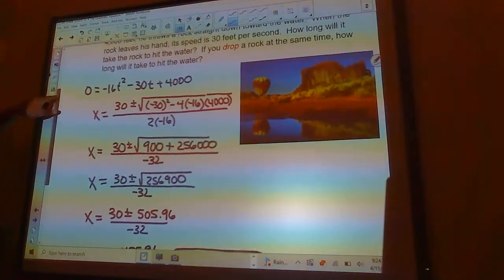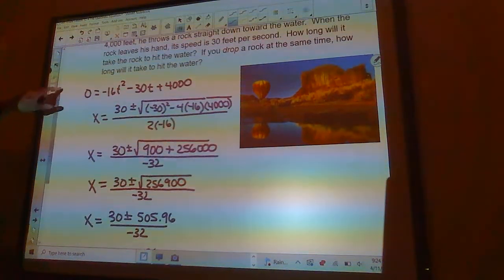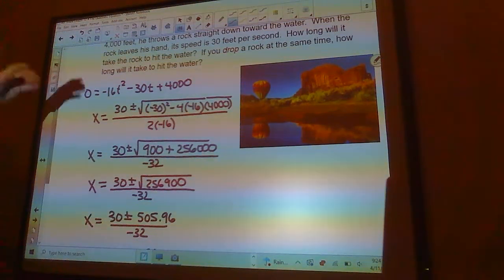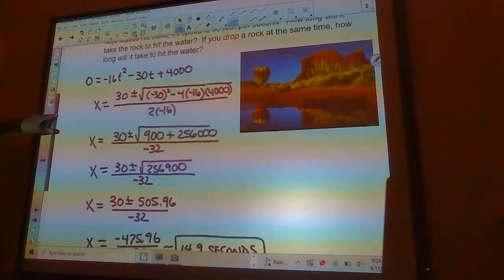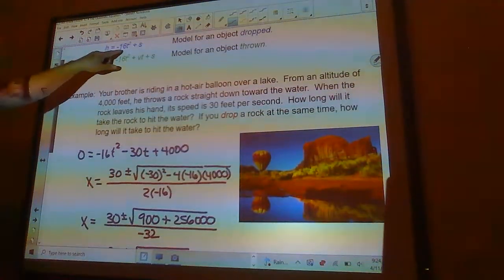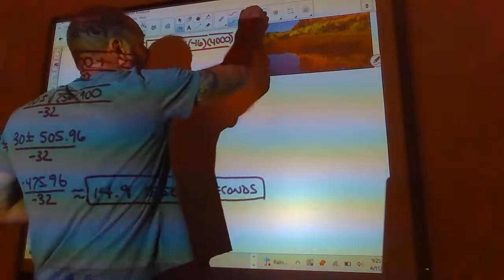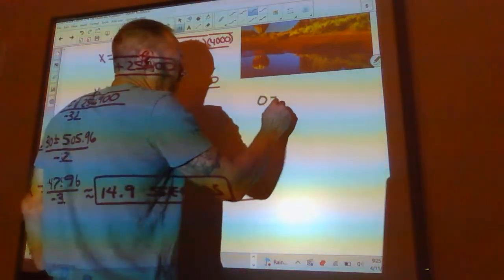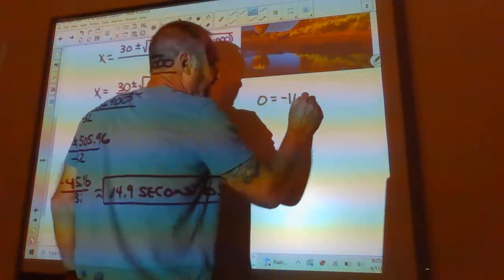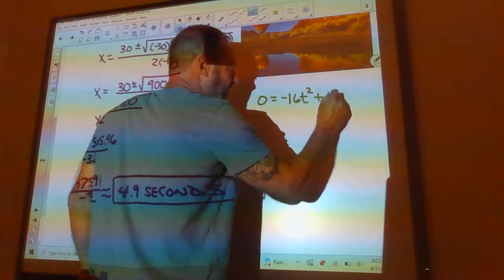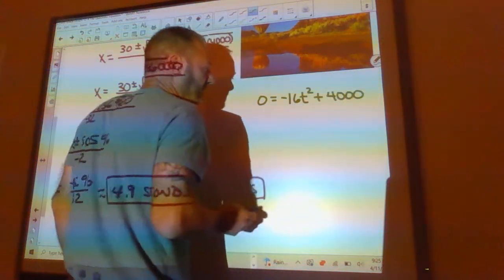All right, what if you drop, so you're on there as well, you drop a rock at exactly the same time, how long will it take to hit the water? So now we're going to use this formula right here, okay? So we'll go over here, and again, we want it to hit the water, negative 16 t squared plus 4,000, okay?